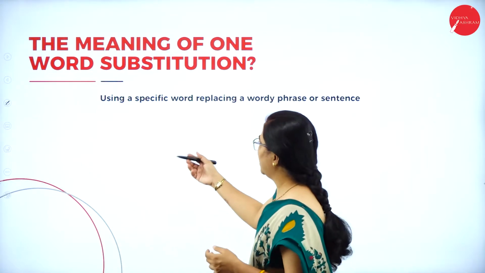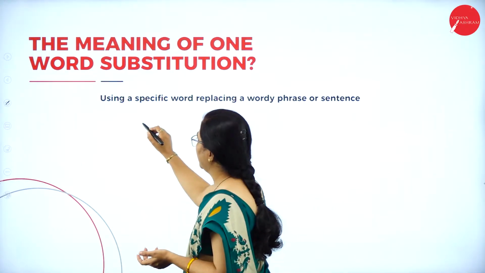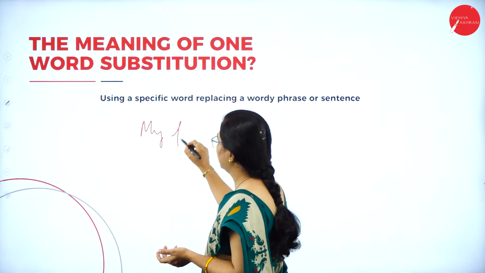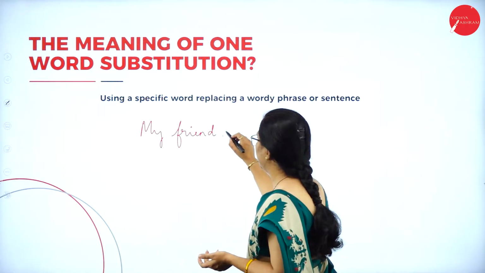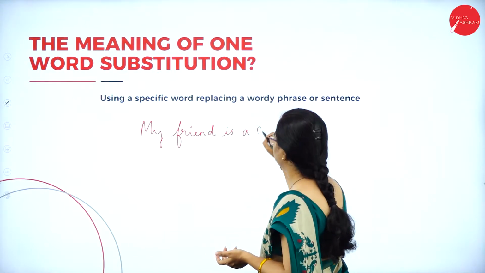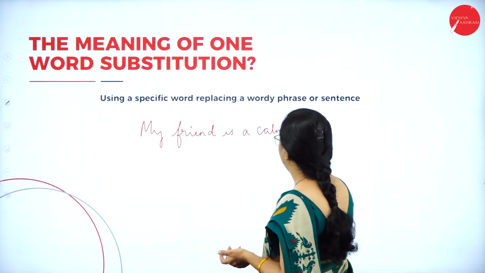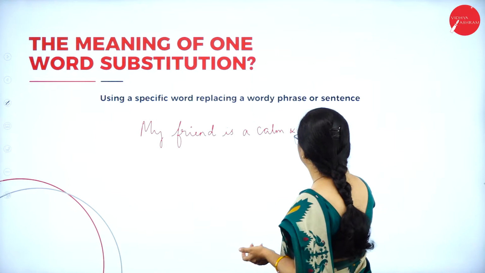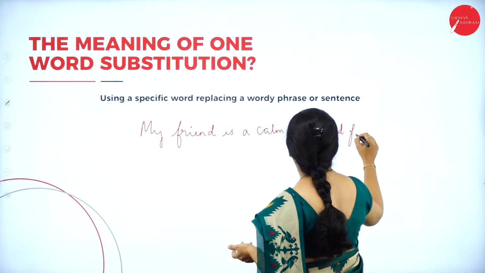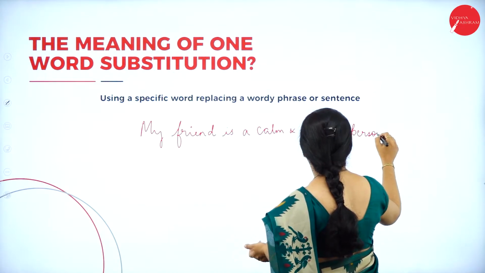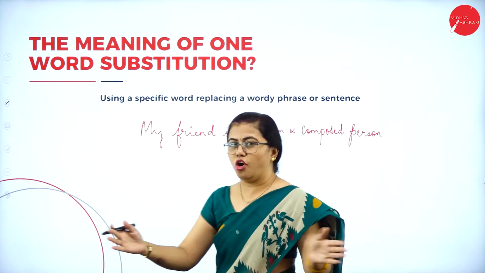I'm giving you an example of how you replace it. You say, my friend is a calm and composed person. Suppose you don't want to use such a long sentence.